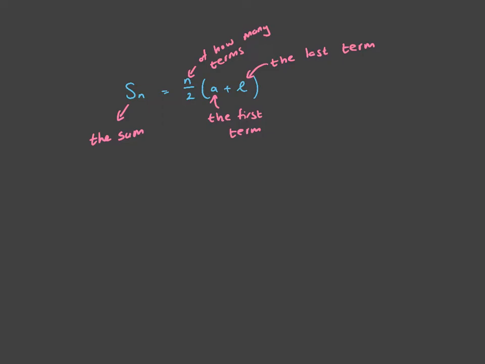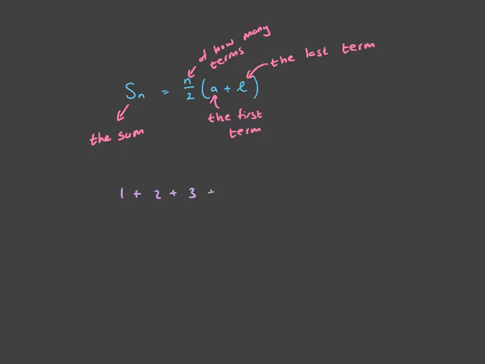There is an old legend that apparently Einstein was given homework, or had to sit detention of some sort, and the teacher asked him to add the first 100 natural numbers together.